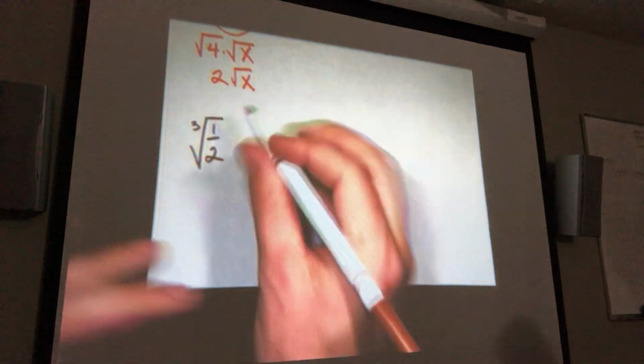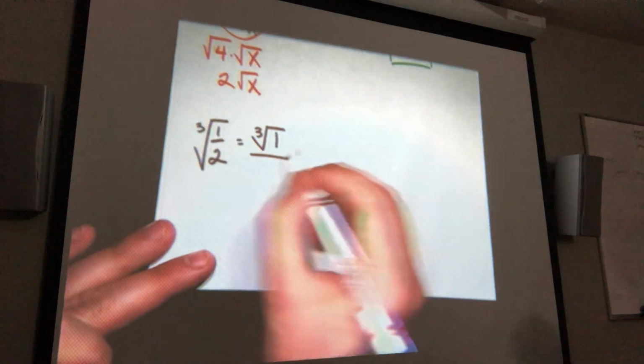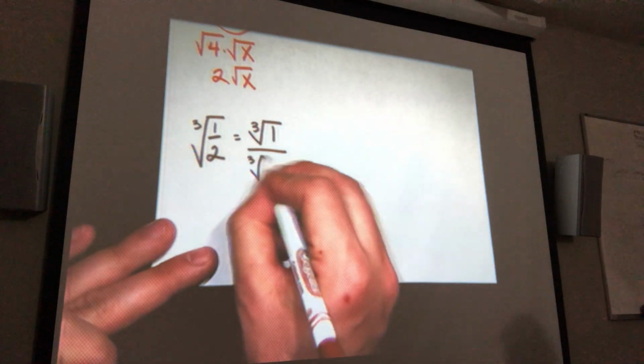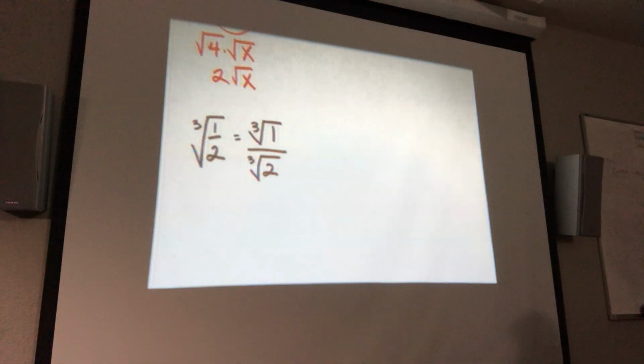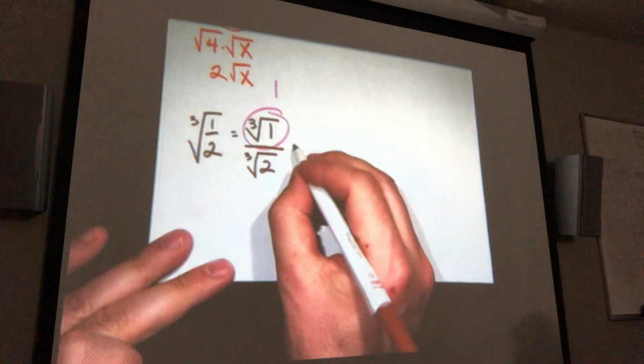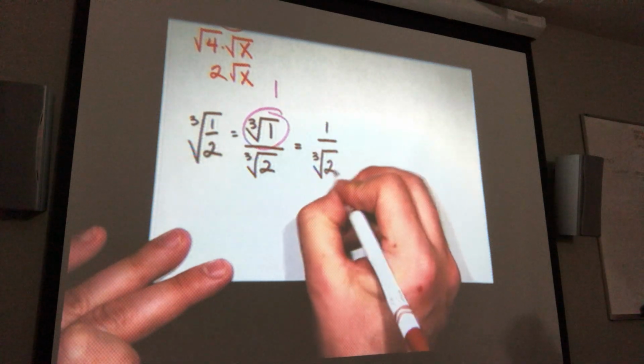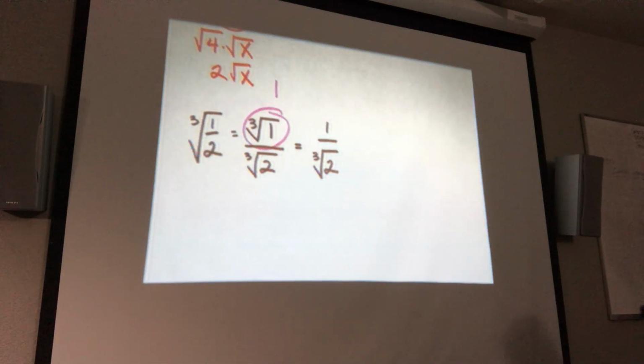We're going to do cubed root of 1 over cubed root of 2. And that works out really nicely because the cubed root of 1 is 1. So I'm going to end up with 1 over the cubed root of 2. So it looks a little nicer, still not rationalized, but nicer.